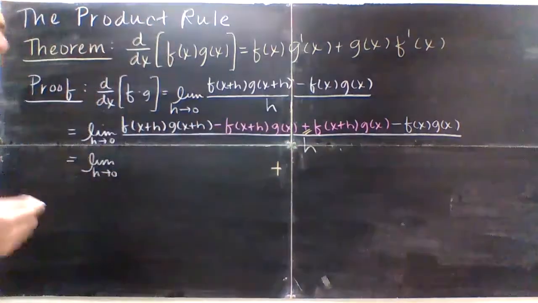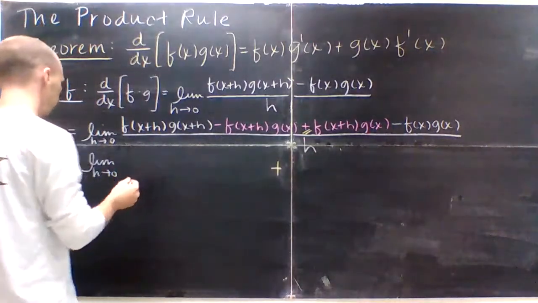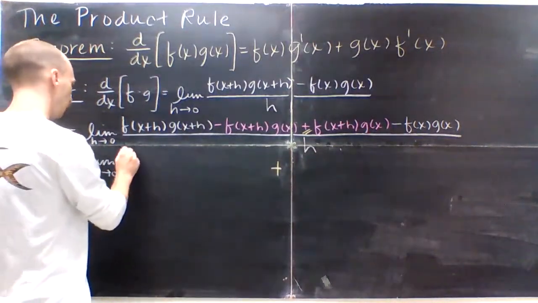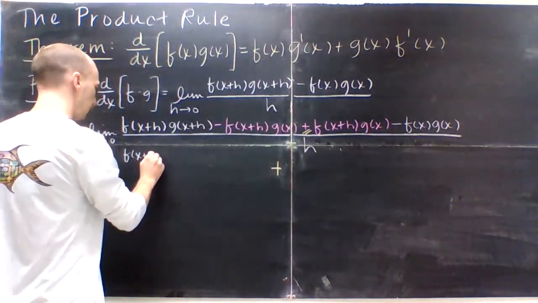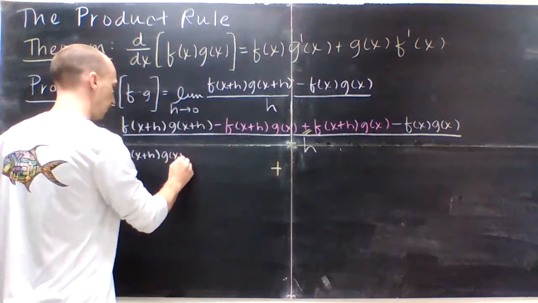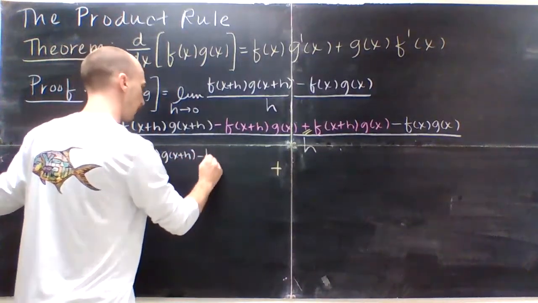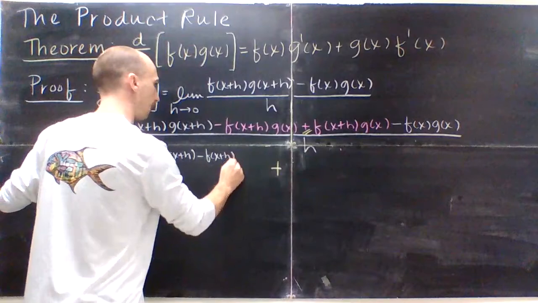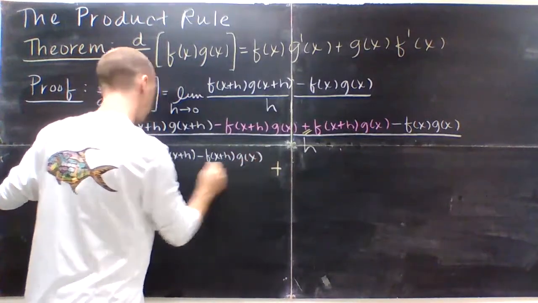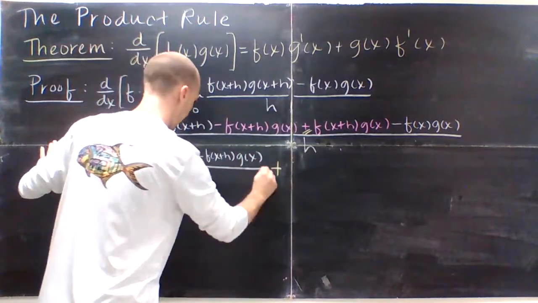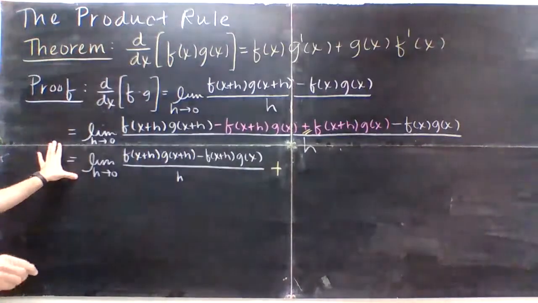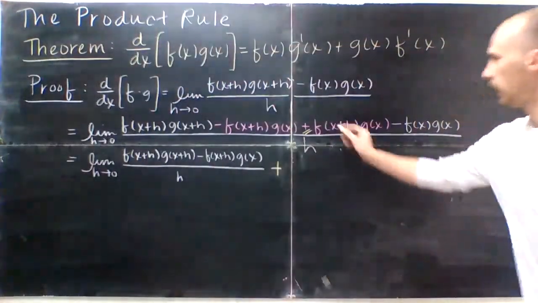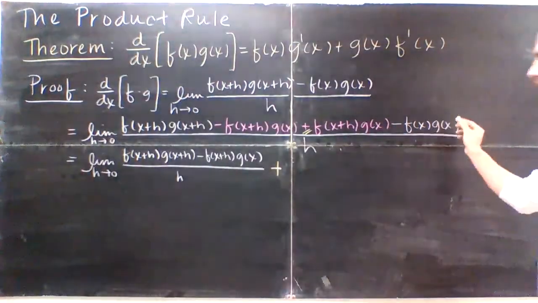I'll copy that first, and then I'll factor. And over here, I'll have f of x plus h, g of x minus f of x, g of x.